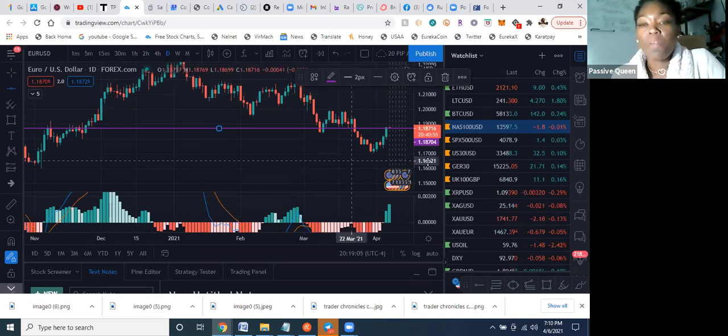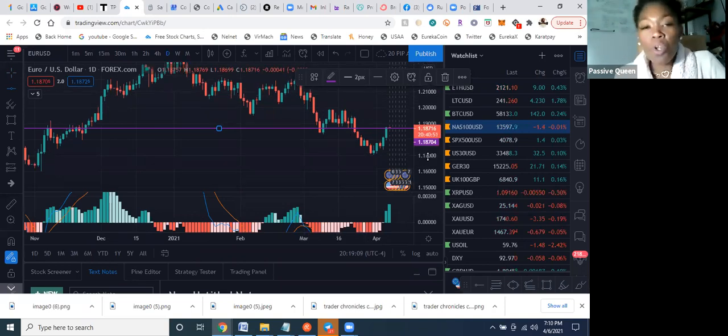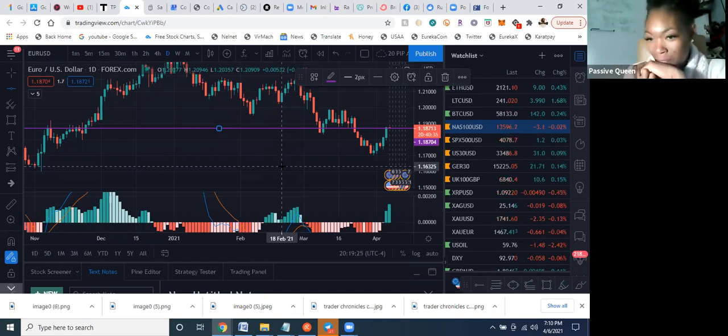All right, the first thing when you're looking at your daily is to know what price currently is. After that, you're looking for resistance and support. Does anybody know what resistance is? Does anybody know what support is before I speak? Yes, the floor and the ceiling.